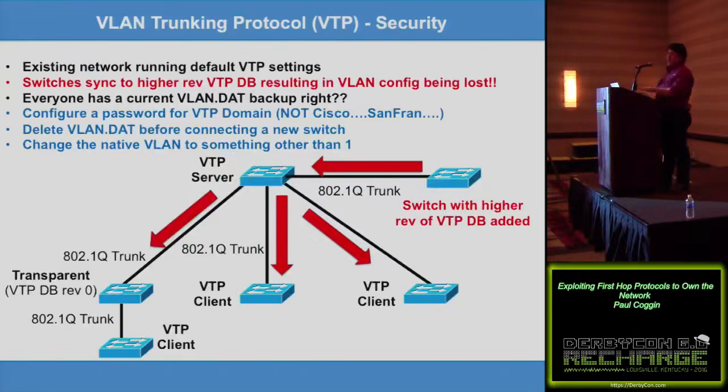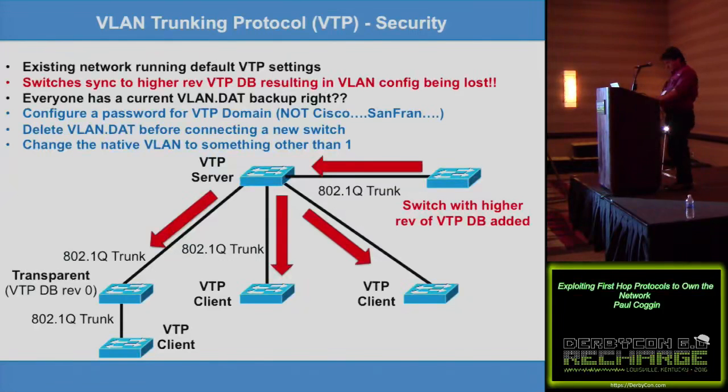In this case, there was a customer with a huge network, and they had a lab network. They were always in that lab network making changes, which would update the VTP, the VLAN Trunking Protocol, database, so it had a higher revision of that database.